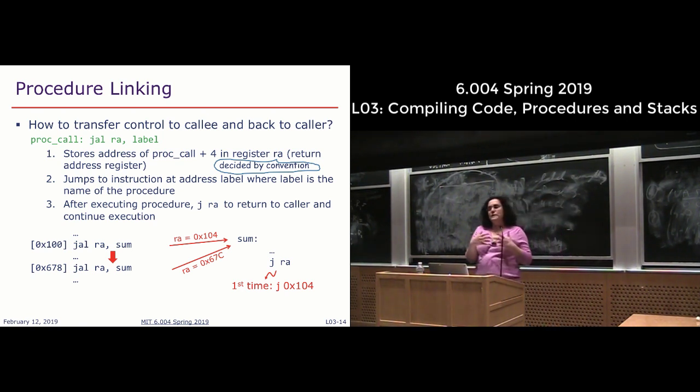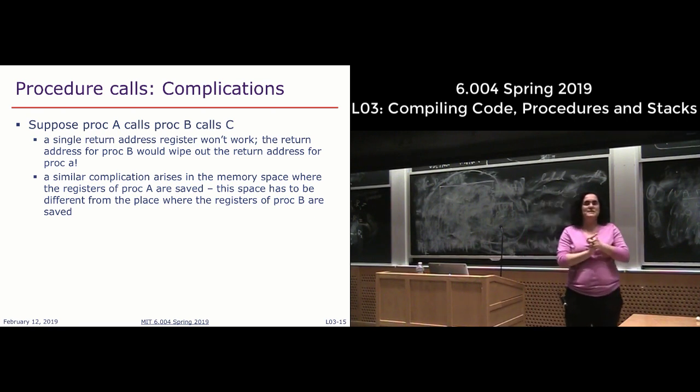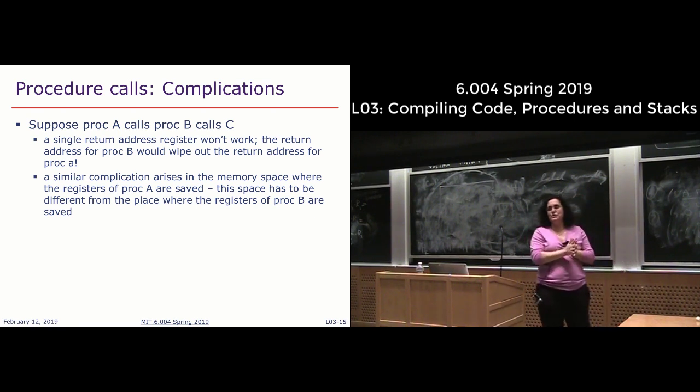Okay? So we've solved this problem of how do we go back to the correct position in the code that called the procedure in the first place. There are still a couple more issues we need to think about before we have solved handling procedures.